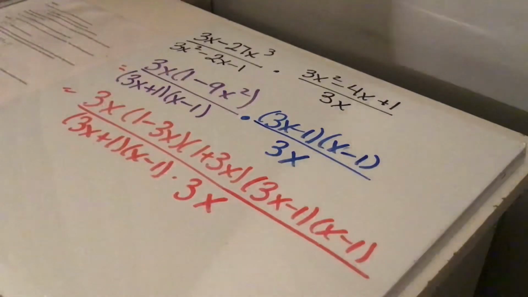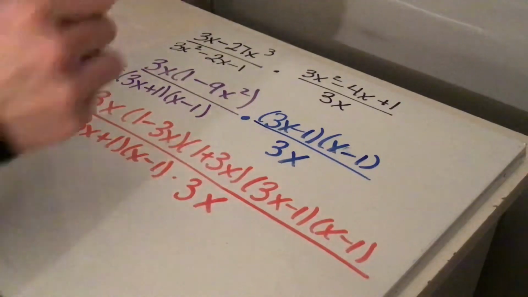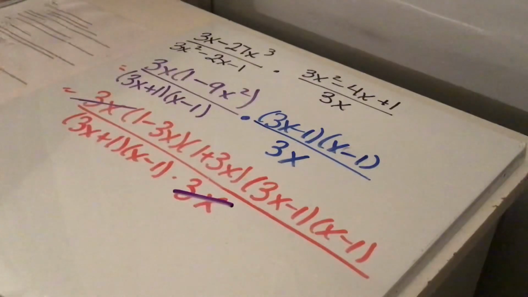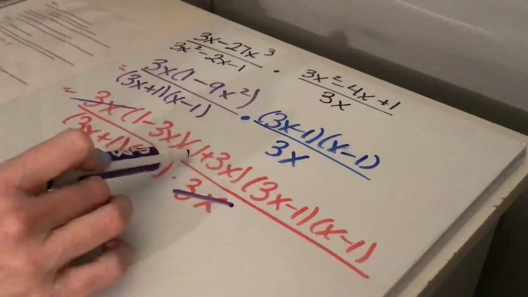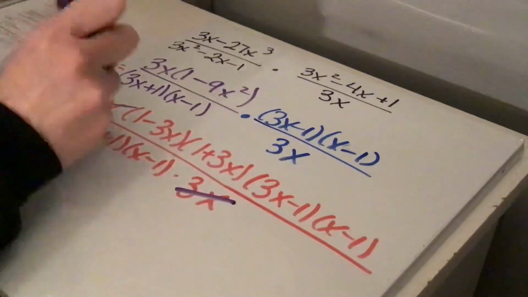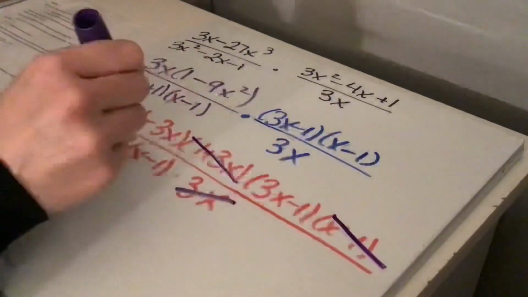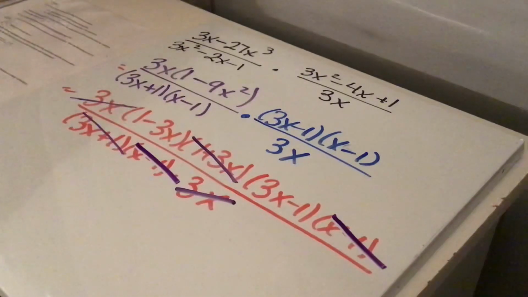Then we're looking for common factors, okay? So right away, the 3x's cancel numerator and denominator. Then we have 3x plus 1. It's the same as 1 plus 3x. We can add in any order. So those are going to cancel. We also have an x minus 1. So those can cancel. Okay?